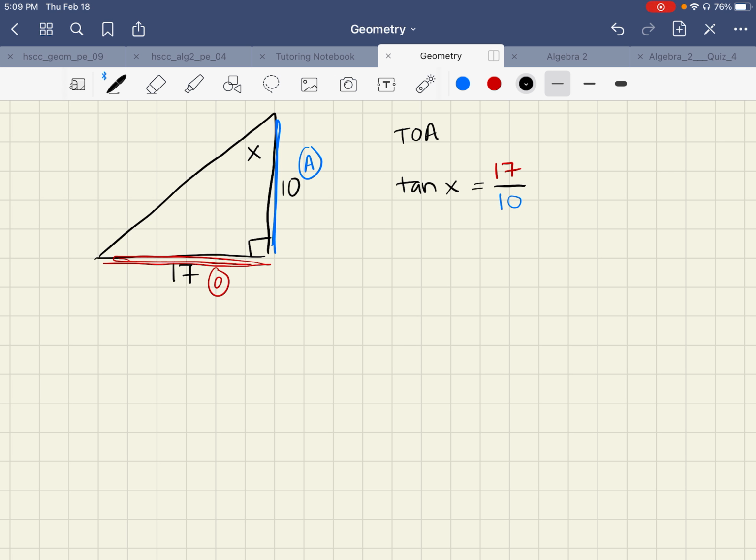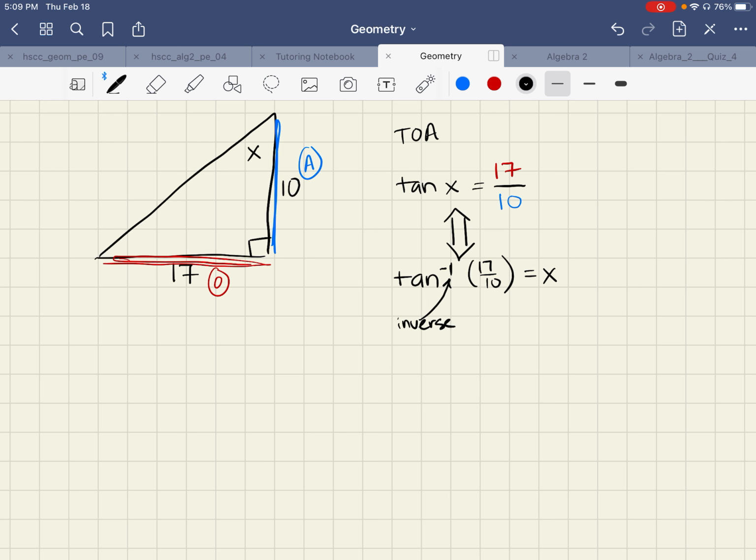If you see the tangent of a variable is equal to a ratio, you can convert it into its inverse form, the tangent inverse. The word inverse is from right there, that's how we write inverse mathematically. So the tangent inverse of that ratio, 17 over 10, is equal to x.